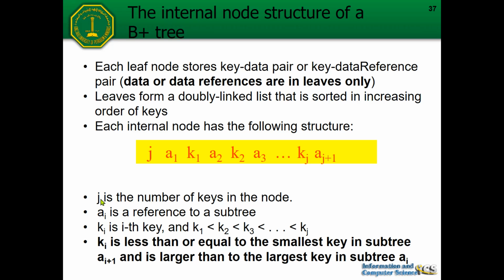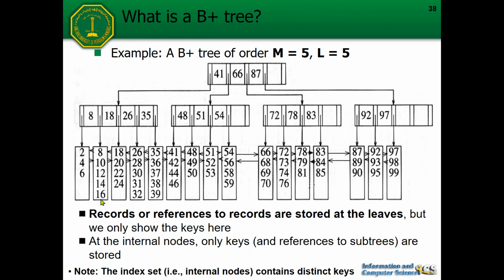Ai is the reference to a subtree. Ki is the ith key, and K1 should be less than K2, less than K3, and so on until Kj. And Ki is less than or equal to the smallest key in subtree Ai plus 1 and is larger than the largest key in subtree Ai.